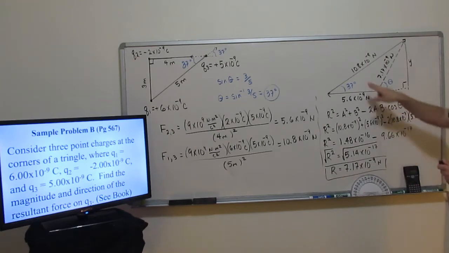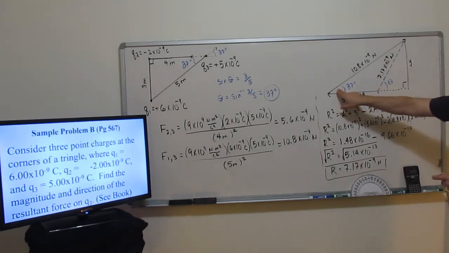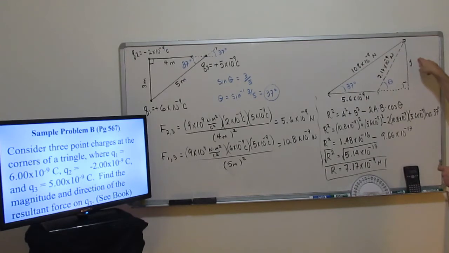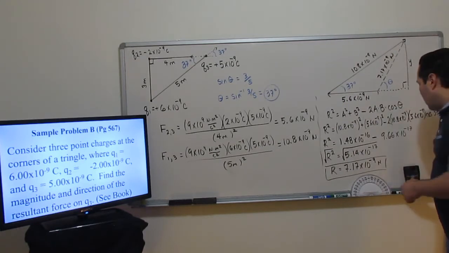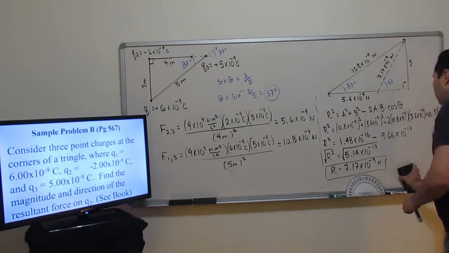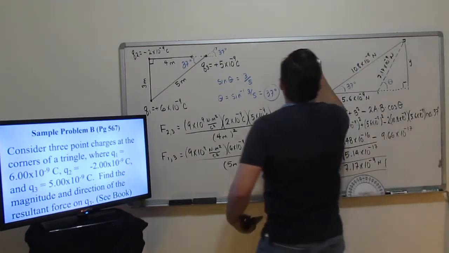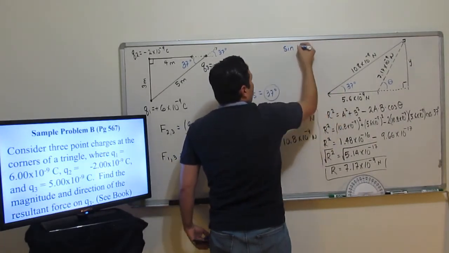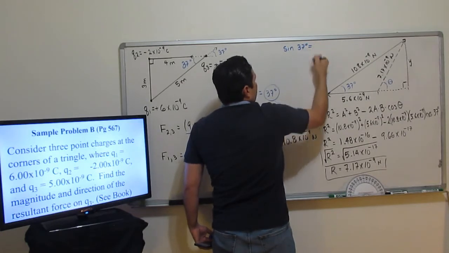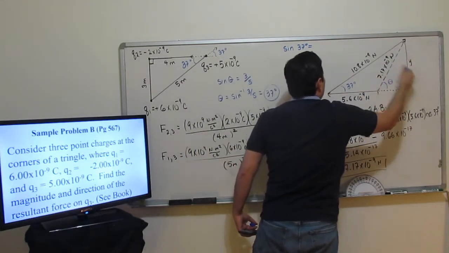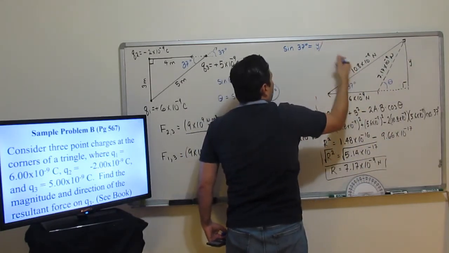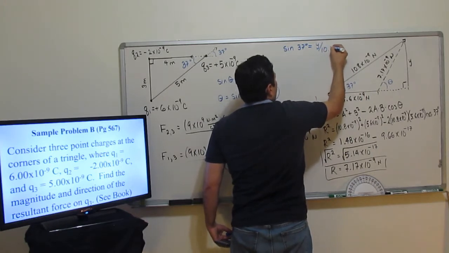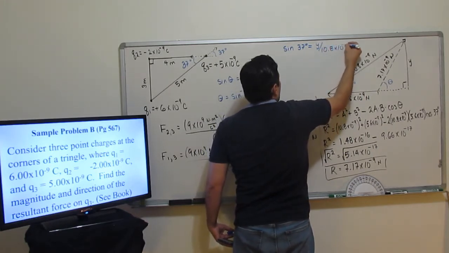Alright, so we have here angle, opposite over hypotenuse. We do have that. So what's opposite over hypotenuse? That's sine. So sine of 37 is equal to opposite over the hypotenuse, 10.8 times 10 to the negative 9.